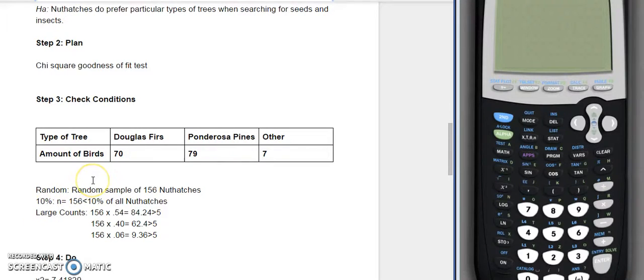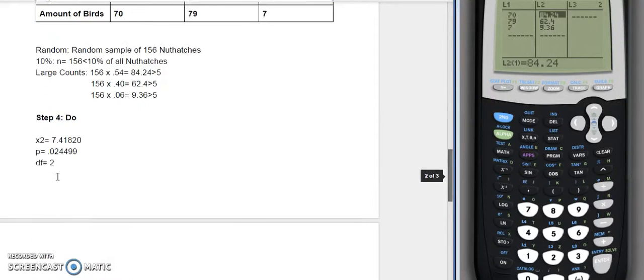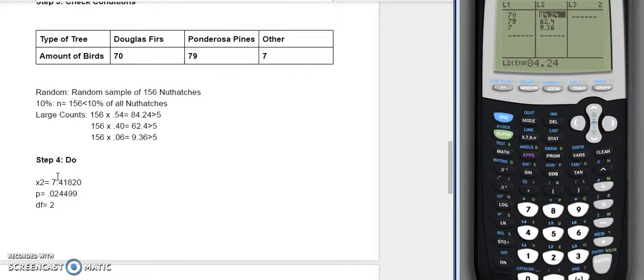The random condition was met when a random sample of 156 nuthatches was taken. The 10% condition was met because our sample size, n, of 156, we can assume is less than 10% of all total nuthatches. The large counts condition was met when we take our sample size multiplied by the decimal percent of each amount of birds in each particular tree.